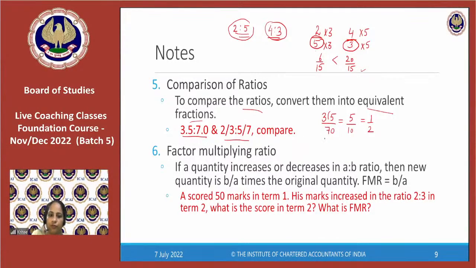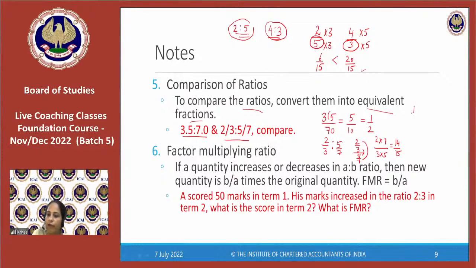The other ratio, 2 by 3 divided by 5 by 7. It's like this, so you multiply them. 2 into 7 by 3 into 5 makes it 14 by 15. Any problem to anyone in understanding till here?